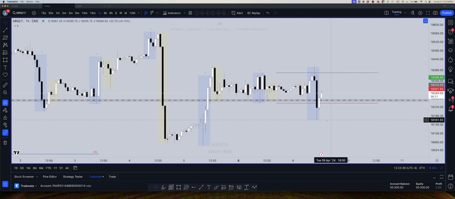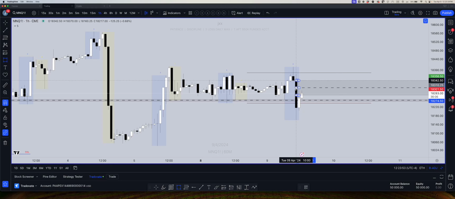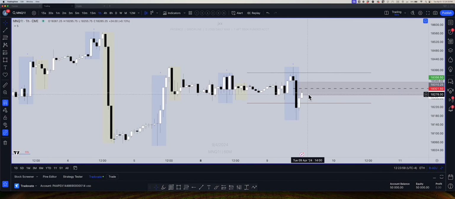All right, let's look at the higher time frame real quick. Looking at the higher time frame, it took out previous day's highs first and then dumped into previous day's lows. It filled this small fair value gap and it looks like it wants to head down lower, but before it does, it looks like it wants to take out this inefficiency right here. So I'm going to be looking for price to fill in this inefficiency.